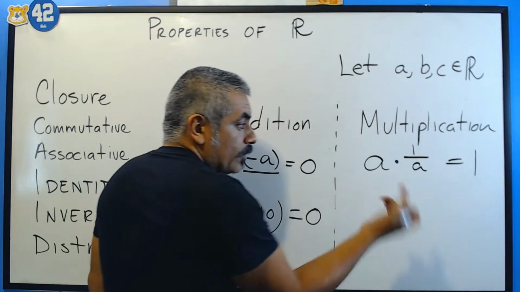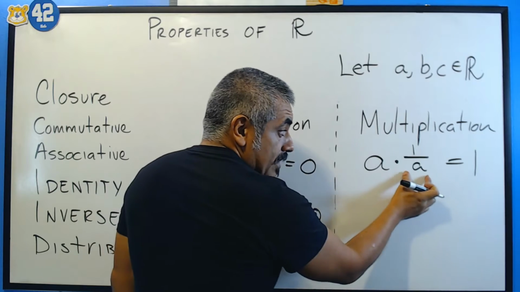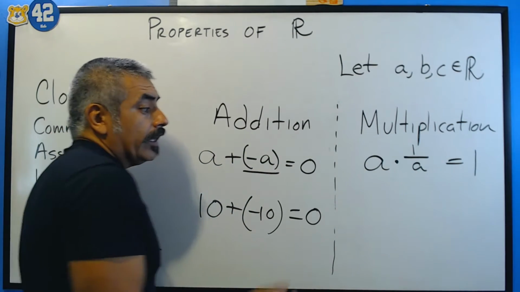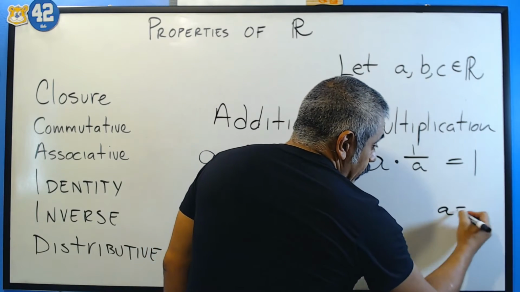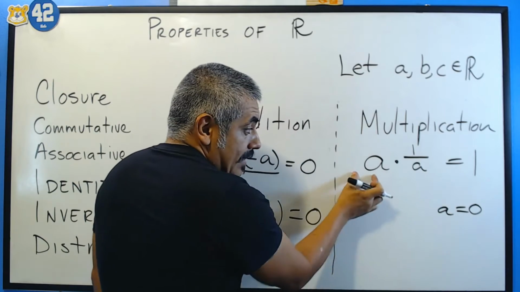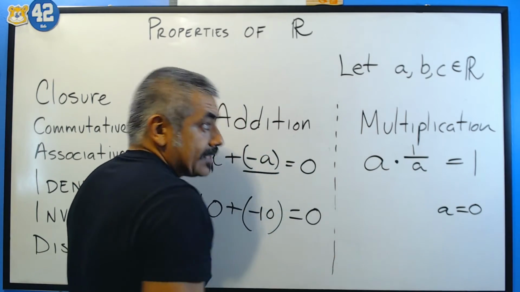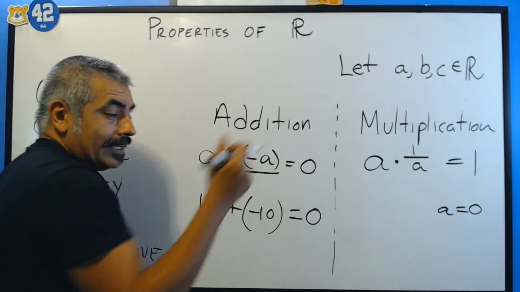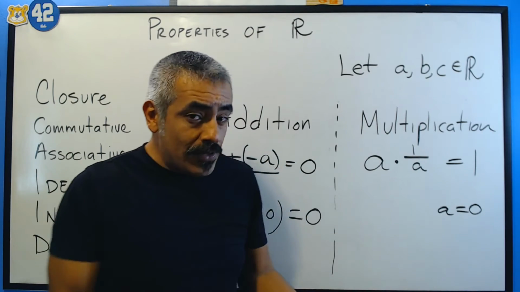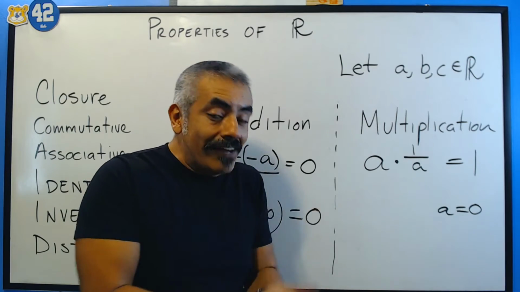And this is letting you know that if you multiply a times its reciprocal, you're going to get 1. The only number this does not work for is when a equals 0. So I cannot do this thing with 0. 0 times 1 over 0 doesn't make any sense. In fact, this property lets you know that 0 does not have a multiplicative inverse. 0 does not have a reciprocal. That is why we can never divide by 0.